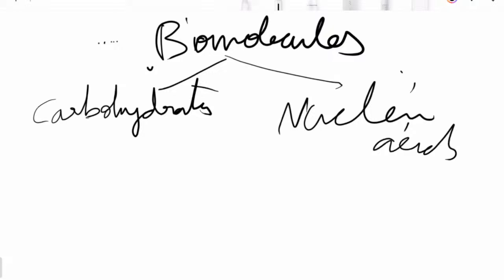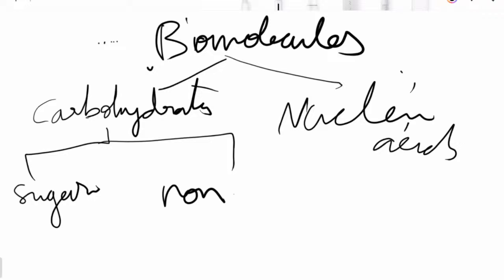Carbohydrates are again divided into sugars and non-sugars. We usually think carbohydrates are always sugar, but that's not the case. Sugar means sweet in taste, crystalline and soluble in water. Non-sugar means amorphous and insoluble.